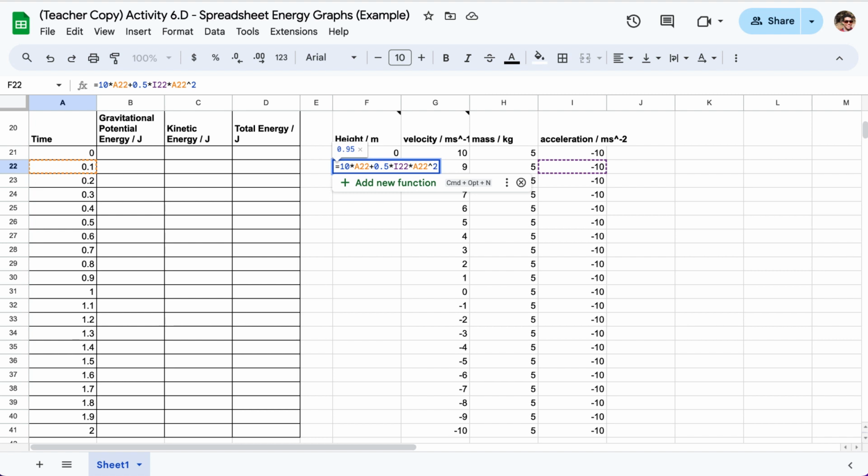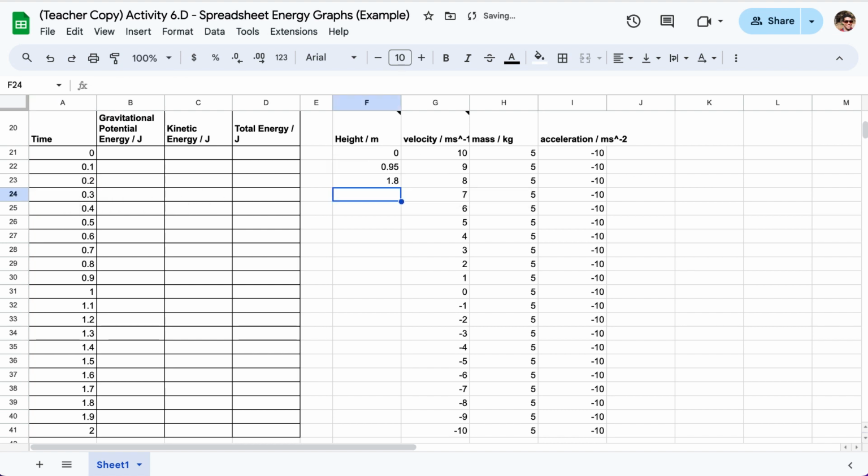So I'll click on that A22, and I will square it. I'll do it again. Equals 10 times our time, that's the ut, plus 0.5 times the acceleration times our time squared. Hit enter.